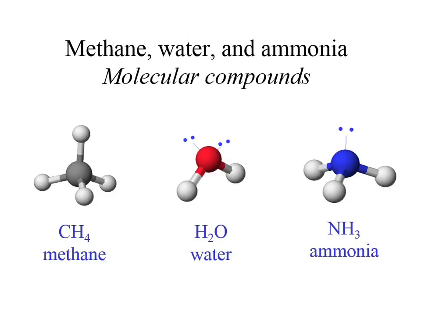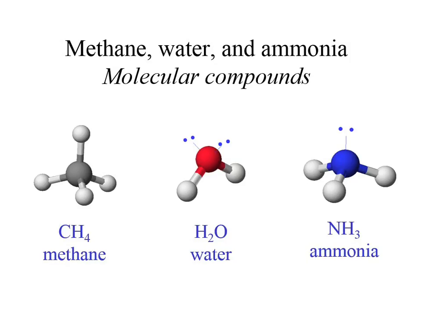We have hydrogen in a lot of compounds. For purposes of identifying a compound as molecular or ionic, hydrogen is a nonmetal, usually. So hydrogen, nonmetal, carbon, nonmetal, oxygen, nonmetal, nitrogen, nonmetal. These are all examples of molecular compounds.